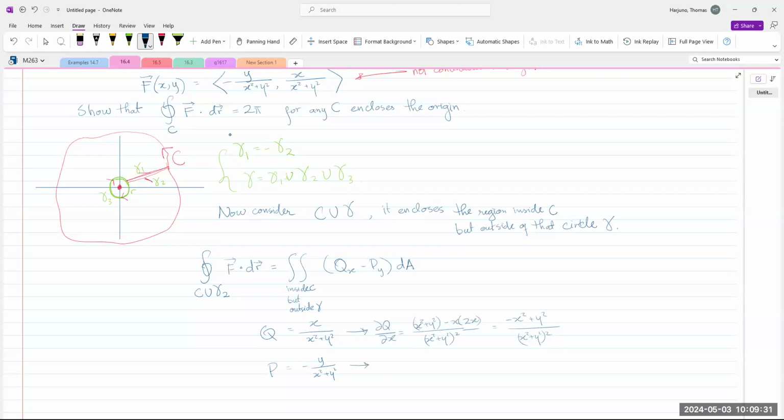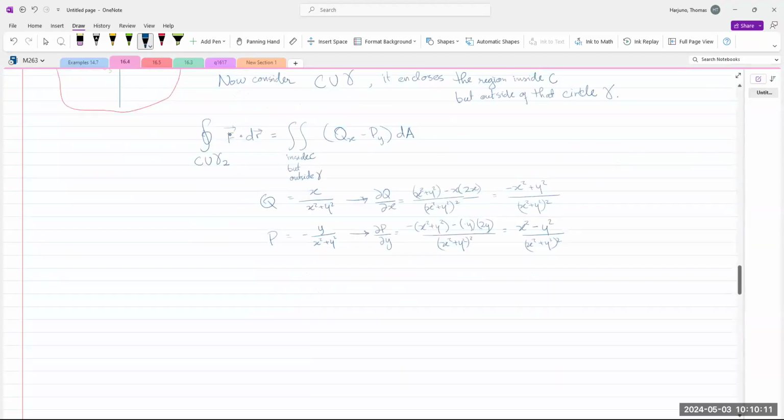While my partial of p with respect to y is negative of x squared plus y squared minus negative y times 2y over x squared plus y squared being squared. This is just algebra, by the way. Okay, and I will end up with x squared minus y squared over x squared plus y squared being squared.